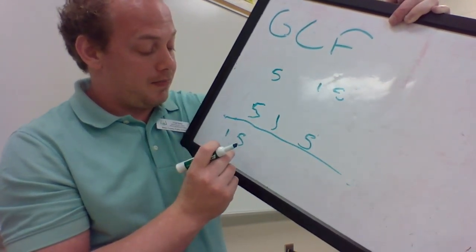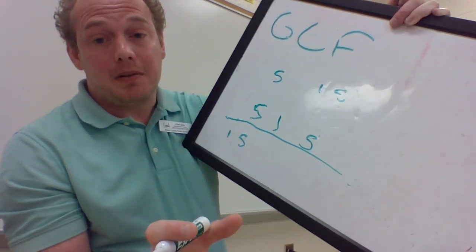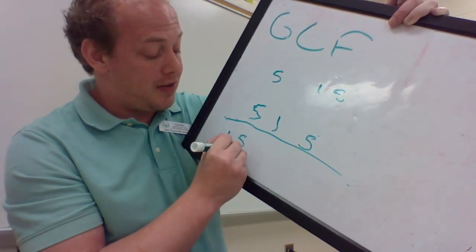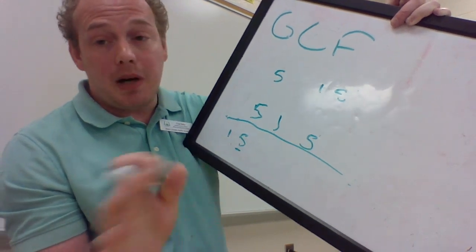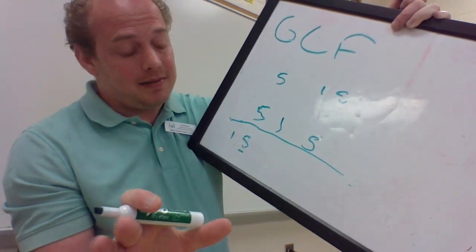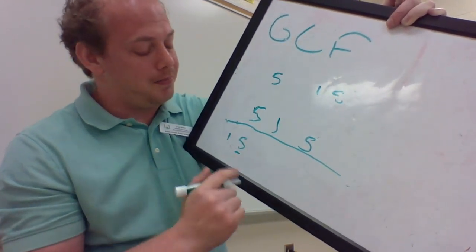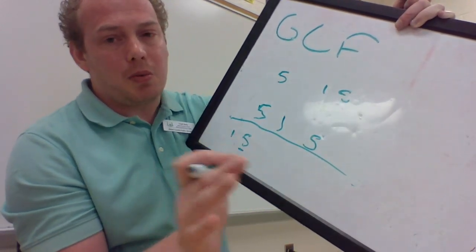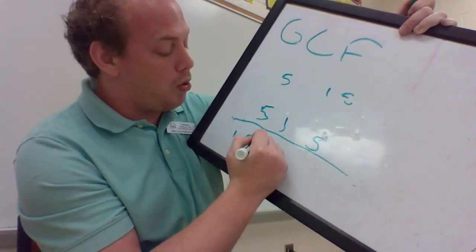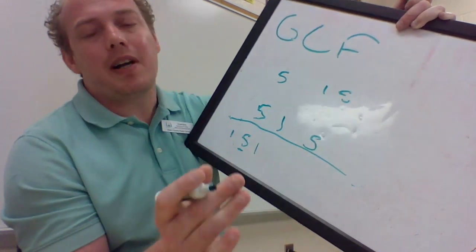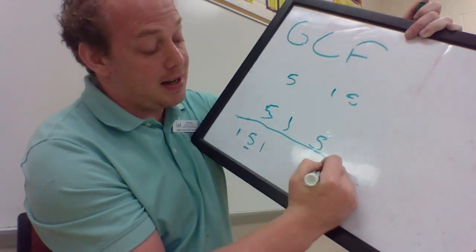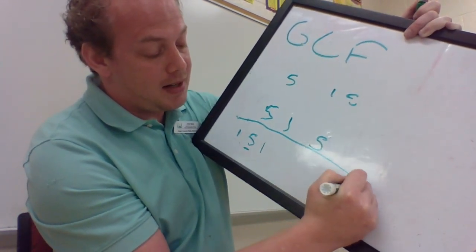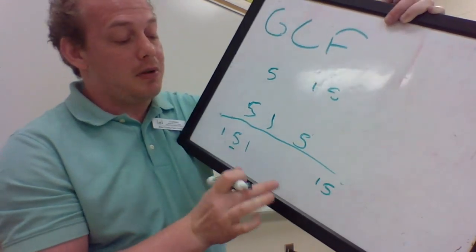15. 15 is an odd number. How do we know that? Because 5 is an odd number. But it's not prime, so be careful. So all numbers in the world have in common a 1. So 1 times what equals 15? And the answer is 15. Now, we're going to leave room for other factors.